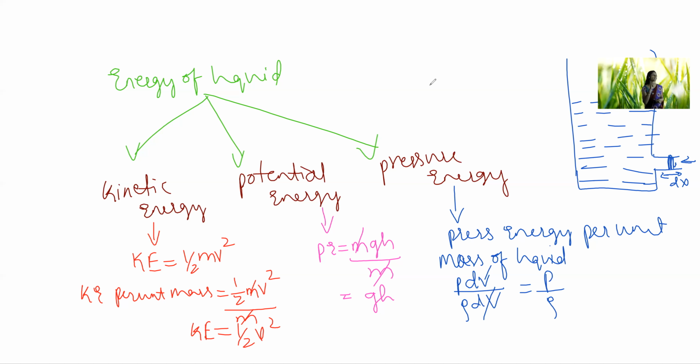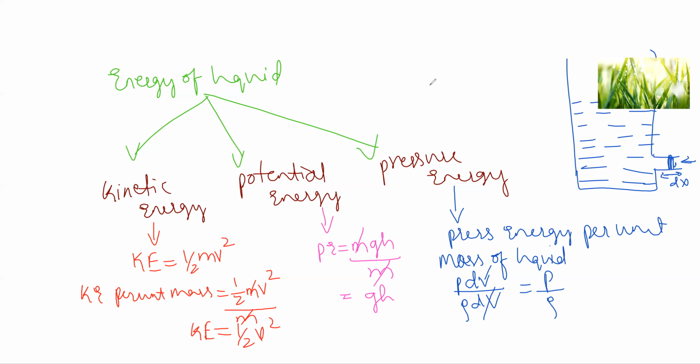Potential energy per unit mass is mgh divided by mass, so we have g into h. g is the acceleration due to gravity, h is the height. Pressure energy per unit mass of the liquid is given by P into dV divided by rho into dV. dV gets cancelled, and we only have pressure divided by density rho.